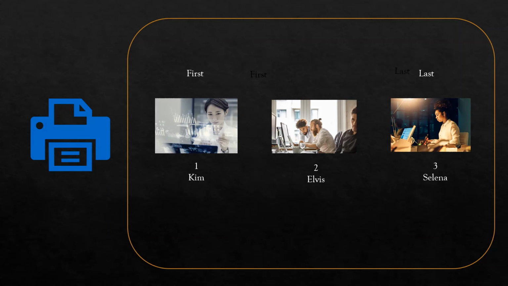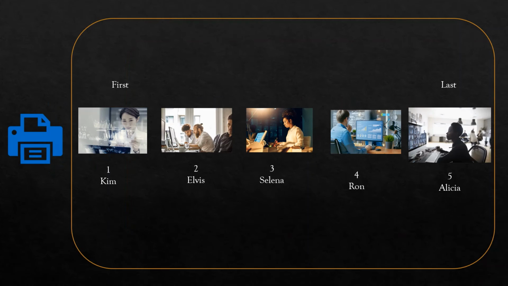The first person in the queue is Kim, and the last person in the queue is Selena. Continuing in this way, we insert the request from Ron after Selena, the request from Alicia after Ron, and so on. If you look at the way the queue is formed, always we add a person after the last person in the queue.